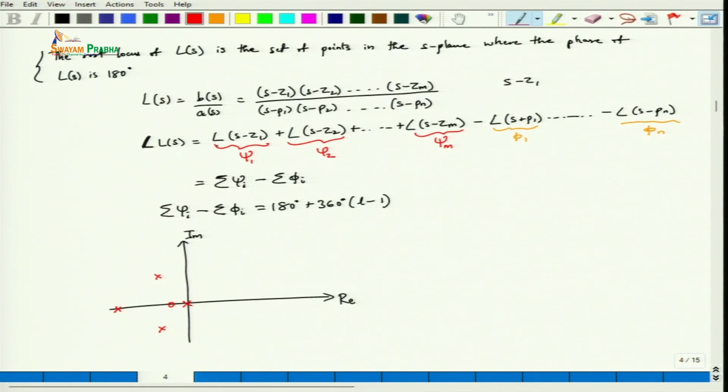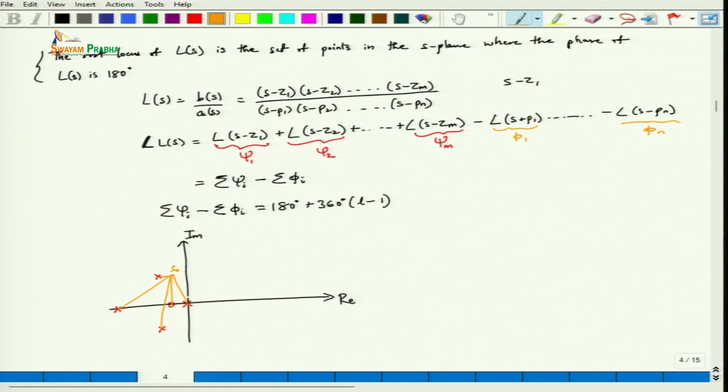Now say we want to find the set of all points. What we'll do is we'll take an arbitrary point in the S plane, denote this as S0, and from that we'll draw lines to the poles and the zeros.